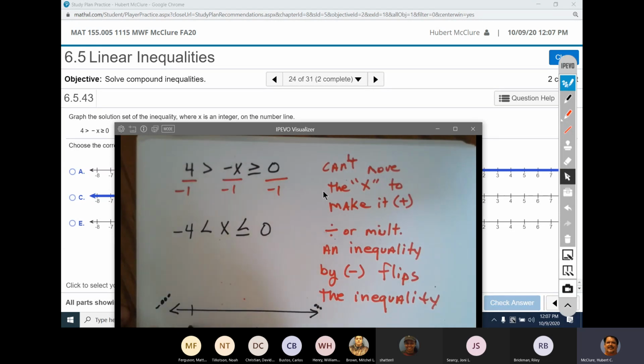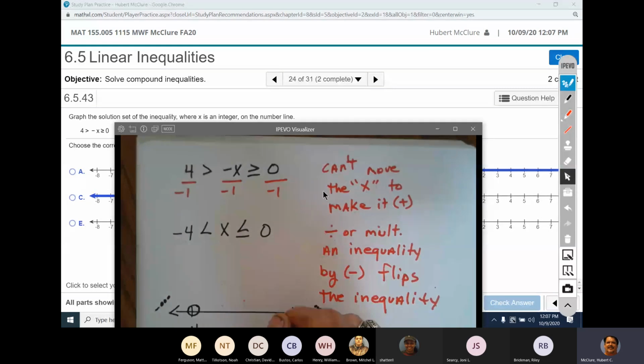And this is -4. And this is 0. So we get a bracket or a closed circle there. And we have an open circle here. And there is, let's see, -1, -2, -3. And we put a dot here, and a dot here, and a dot here.